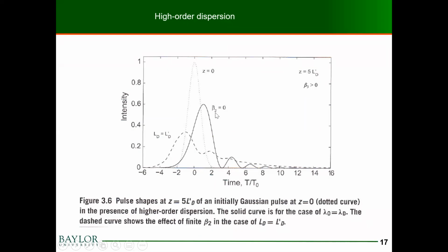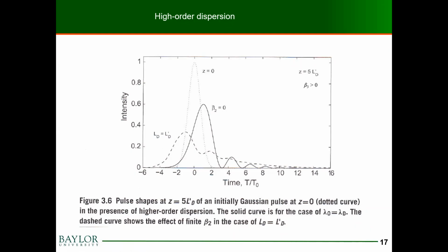If we have beta 2 as 0, that means we don't have second order dispersion. There are different conventions. Some people write beta 2, but beta 2 is the K naught double prime, and beta 3 is the K naught triple prime in our notation.